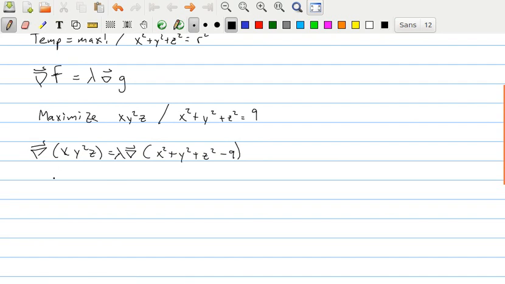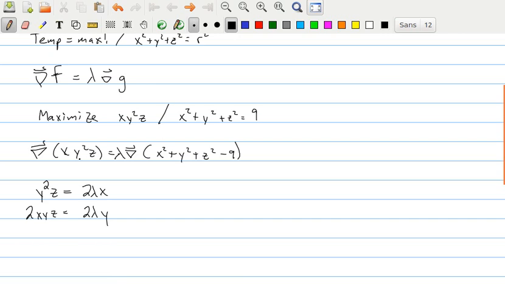So we write out our three components. The partial with respect to x is y squared z, and on the right hand side the partial with respect to x is 2x times the lambda, so 2 lambda x. If we take our partial with respect to y, on the left hand side we've got 2xyz. On the right hand side we've got 2y times our lambda, 2 lambda y.